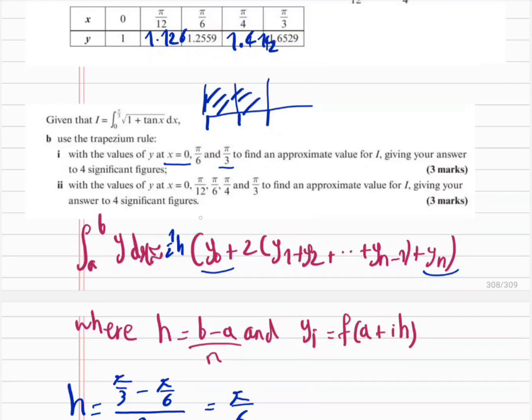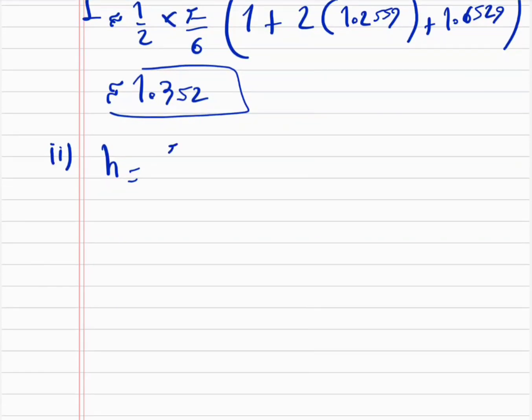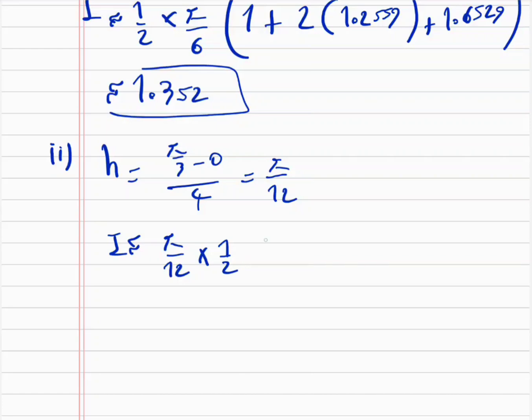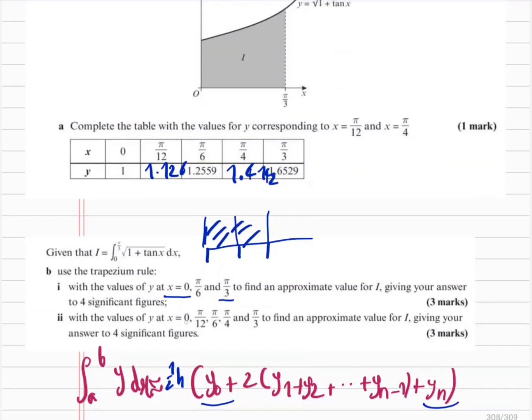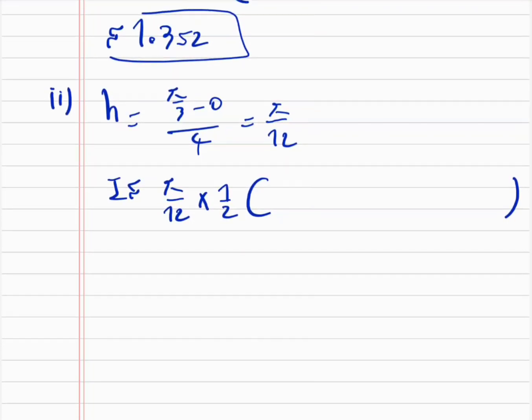In this case you'll have 4 strips, so h is pi by 3 minus 0 over 4, which is pi by 12. Then I is approximately equal to h times half, and inside we write down the first y value, 0 corresponds to 1.